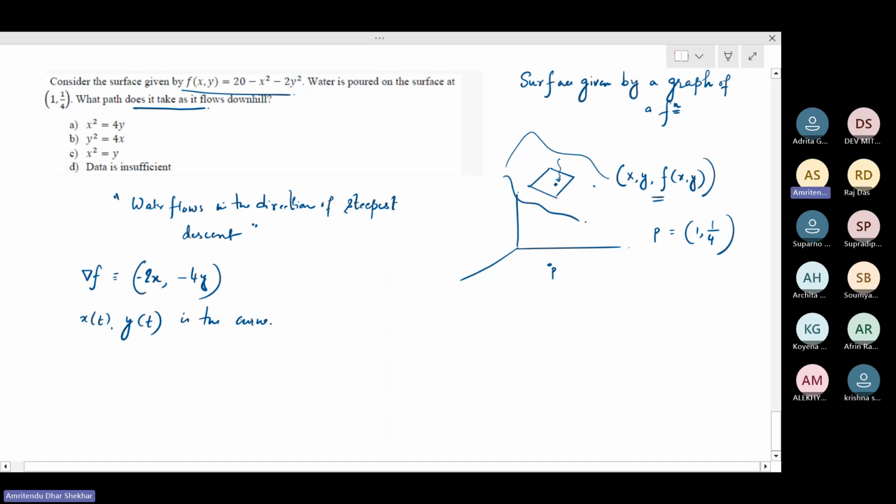Okay, so then your x dot comma y dot is going to be some scalar multiple of grad of f.